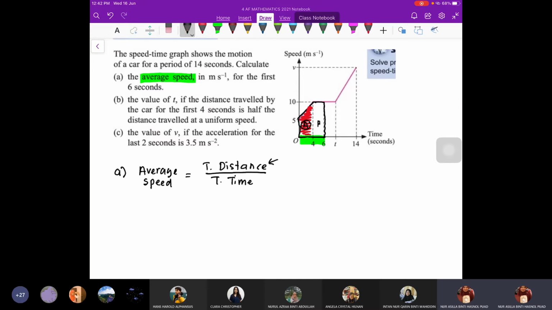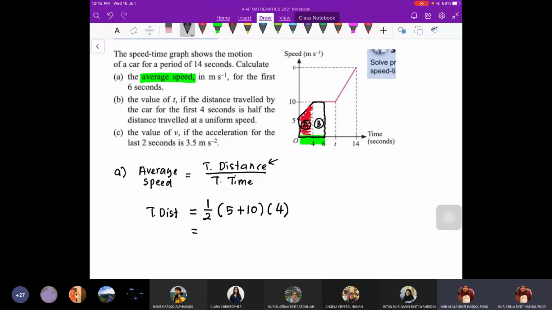Okay. So, I put that as A. And then, kita ada bentuk rectangle. So, total distance start dengan trapezium 1/2 times parallel lines 5 plus 10 times 4. Okay, let's look at the time. Dia sama atau tidak? Second diberi meter per second. Okay, same. So, saya tak perlu ubah, just leave it as it is.